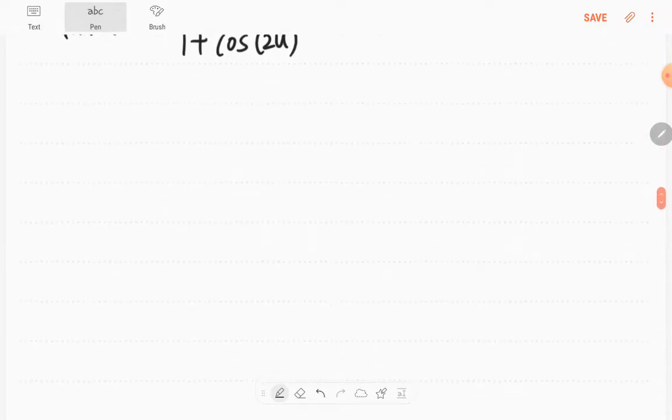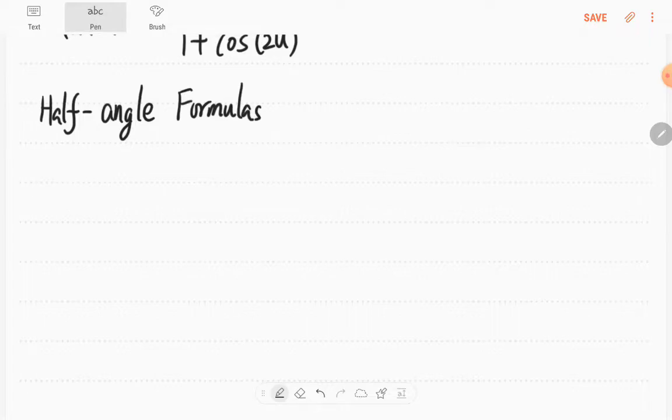Then we have the half angle formula. Half angle formula means this angle is half of u.